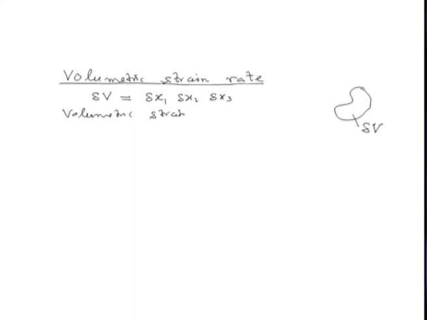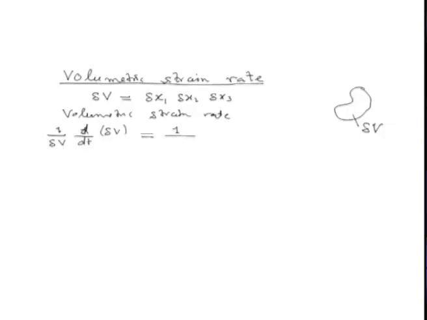It would be given by d by dt of delta V times 1 over delta V. So this is 1 over delta x1 delta x2 delta x3 times d by dt of delta x1 delta x2 delta x3.